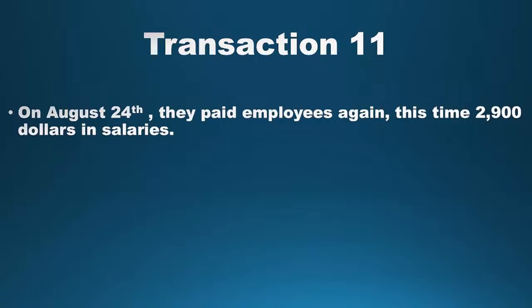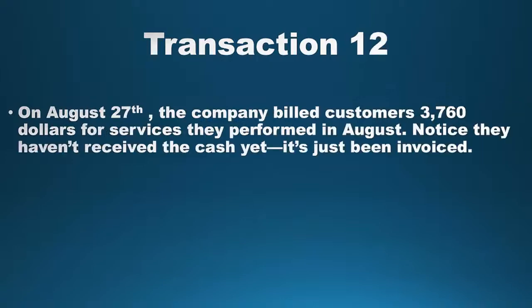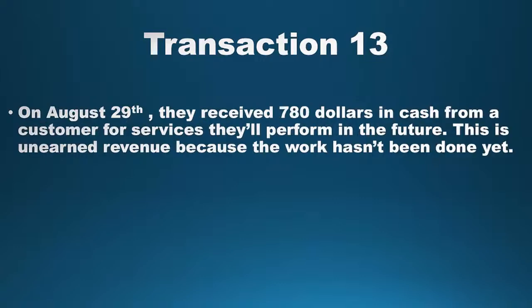On August 24th, they paid employees again, this time $2,900 in salaries. 12. On August 27th, the company billed customers $3,760 for services they performed in August. Notice they haven't received the cash yet. It's just been invoiced.